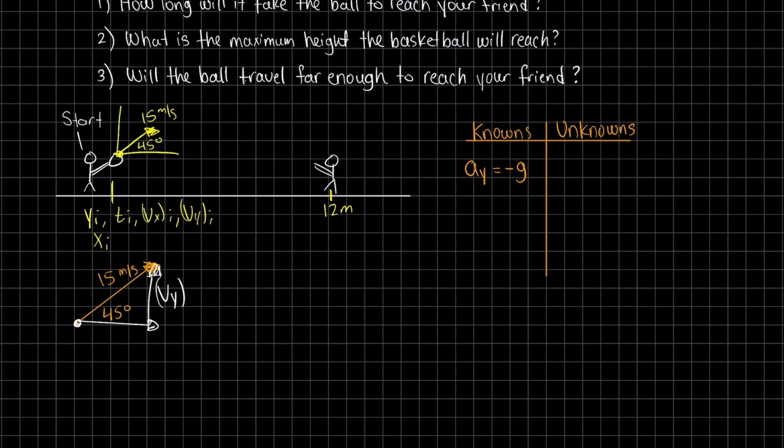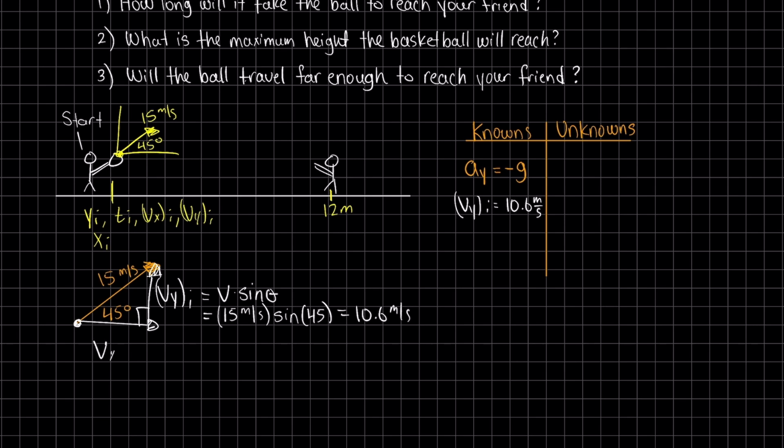So the initial vertical velocity is going to be the magnitude times the sine of theta. It's times the sine because the right angle is towards the left. So this is going to be 15 meters per second times the sine of 45. And that's going to give me an initial vertical velocity of 10.6 meters per second. Therefore, over here I can write that the initial vertical velocity is 10.6 meters per second.